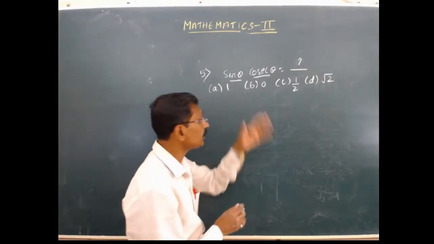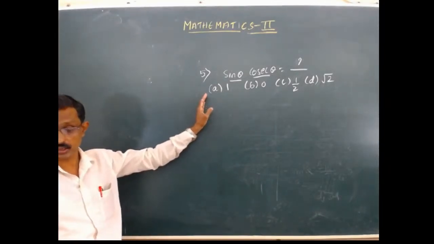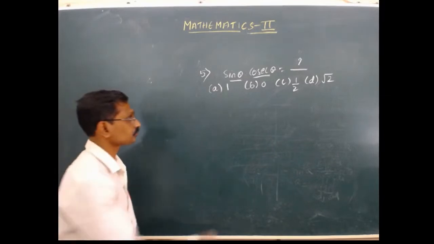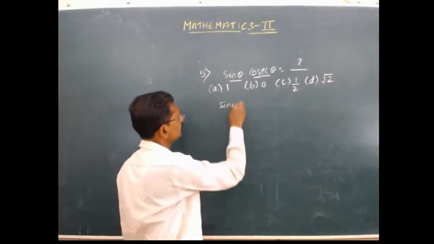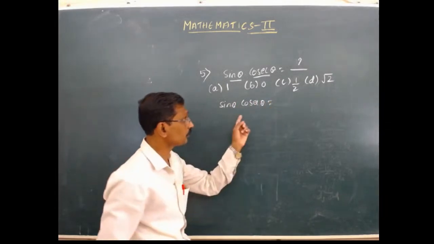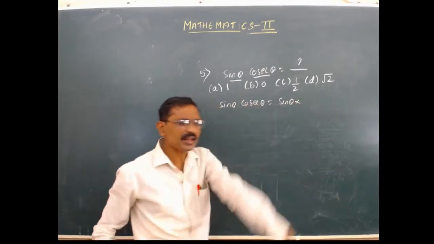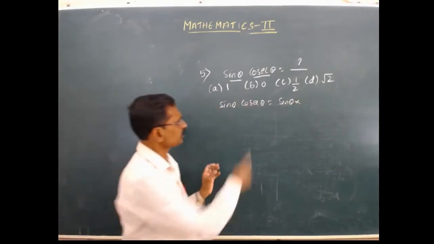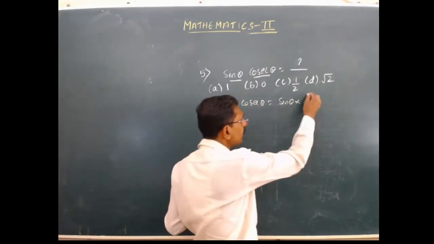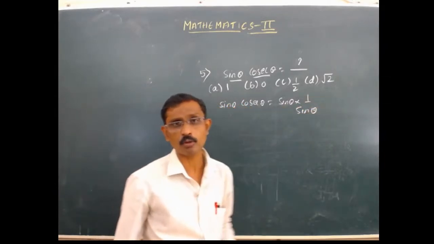Let us find if there is any relation between sin theta and cosec theta. Cosec theta is 1 upon sin theta.